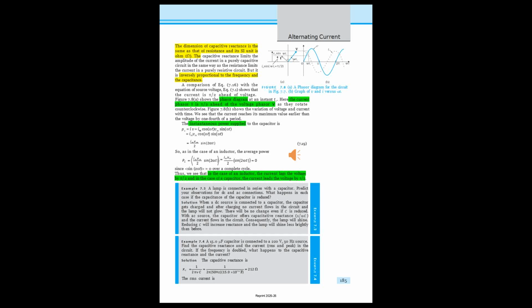So as in the case of an inductor, the average power is given by Pc equal to (Im Vm by 2) into the average of sin 2 omega t, and that's equal to 0, since the average of sin 2 omega t is 0 over a complete cycle. Thus, we see that in the case of an inductor, the current lags the voltage by pi by 2, and in the case of a capacitor, the current leads the voltage by pi by 2.